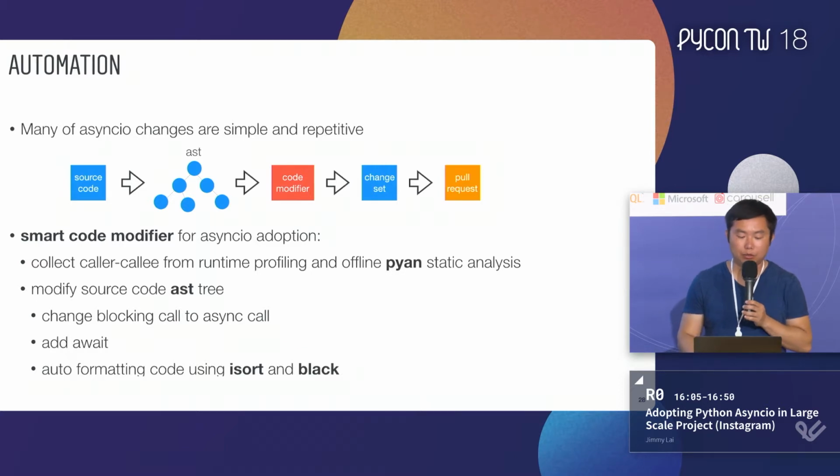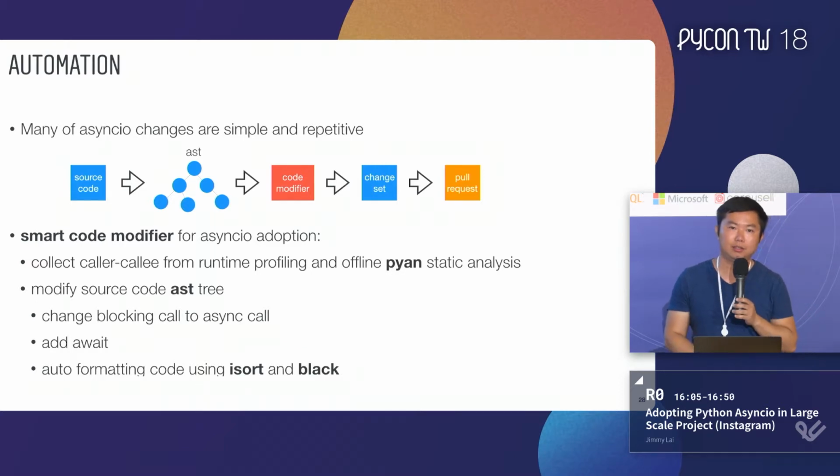So for the automation part, you can see many of the work is simply changing the syntax from non-async to async and adding an await. So for those easy changes, we want to automate the process. So we try to build a smart code modifier.